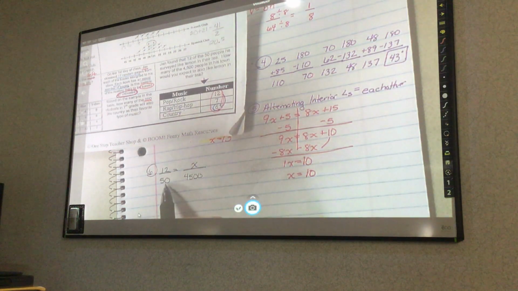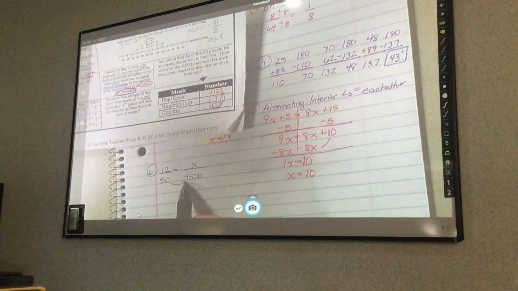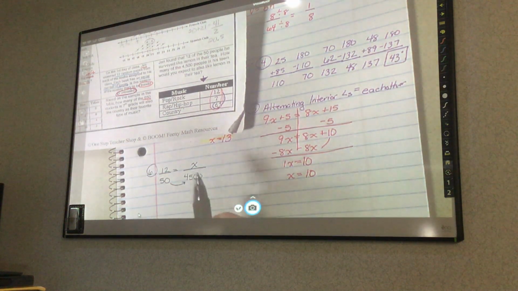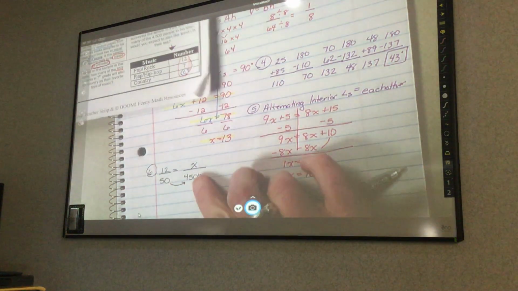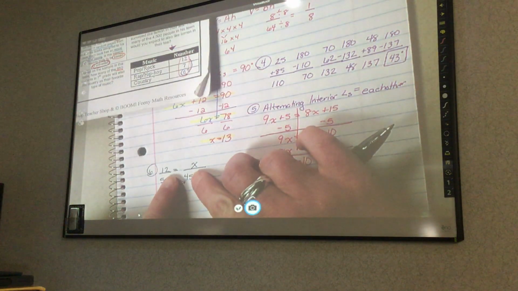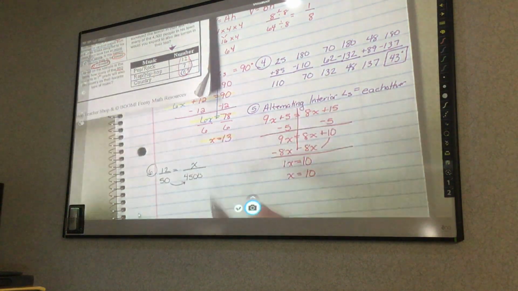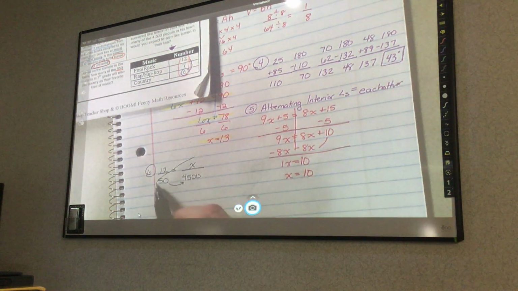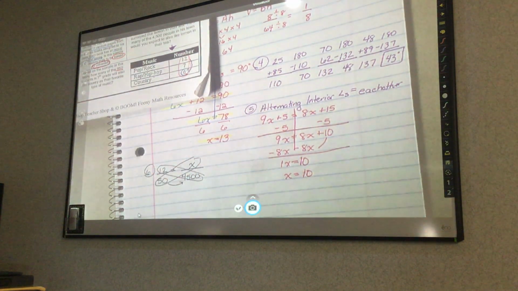Some of you can figure it out. 50 times what gives me 4,500? Does anybody know? 90, because I just think this. Take out my zeros. Okay, 5 goes into 45 9 times, but I have to add that 0. But if you don't know that, you do cross multiplication.